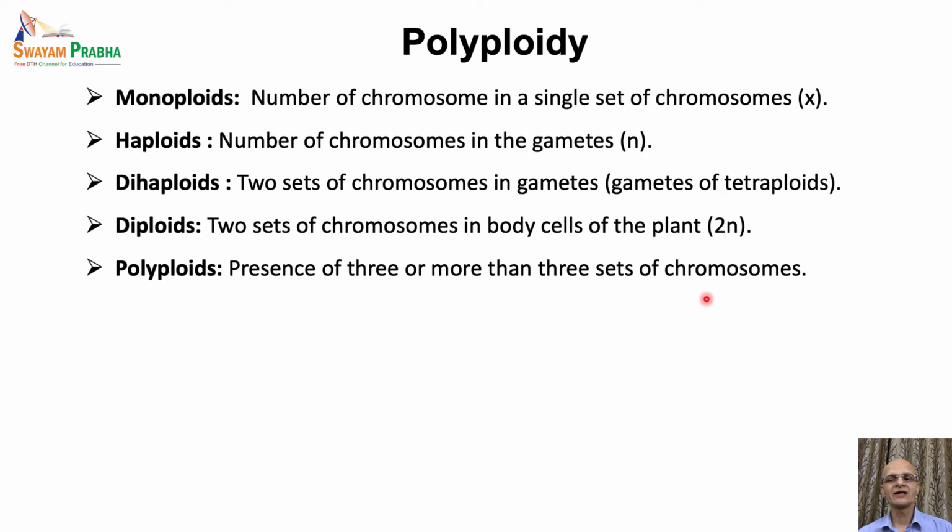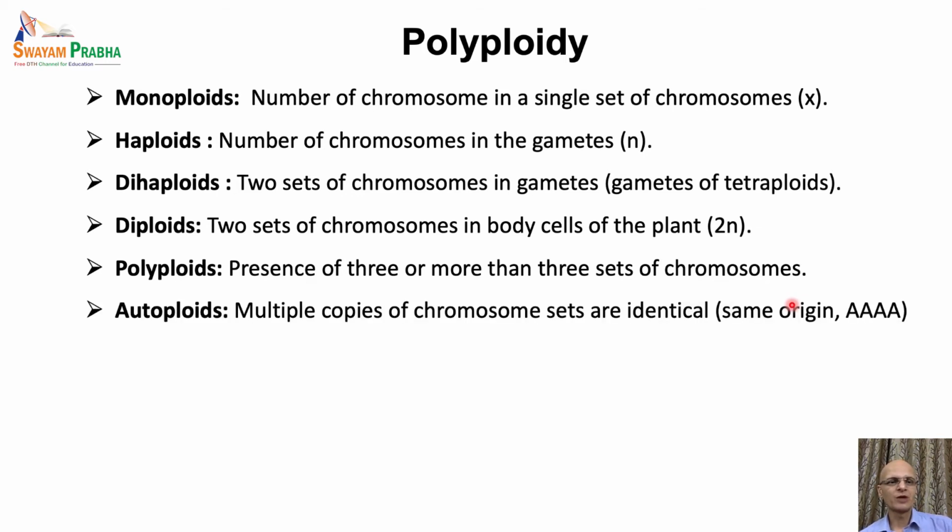And depending upon how many chromosome sets are there in the cells, these are named triploid if there are three sets. If there are four sets of chromosomes, these are called tetraploids, and if there are six sets of chromosomes, then they are called hexaploid. And similarly, other terms, octaploids, decaploids, can be used depending upon how many chromosome sets are there.